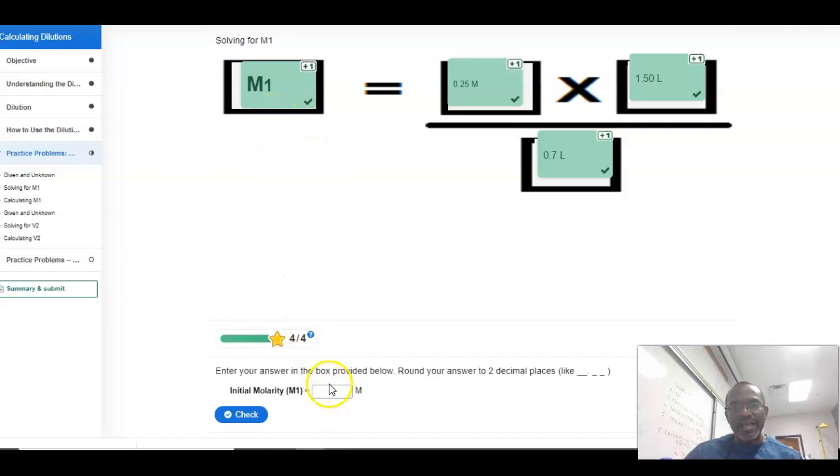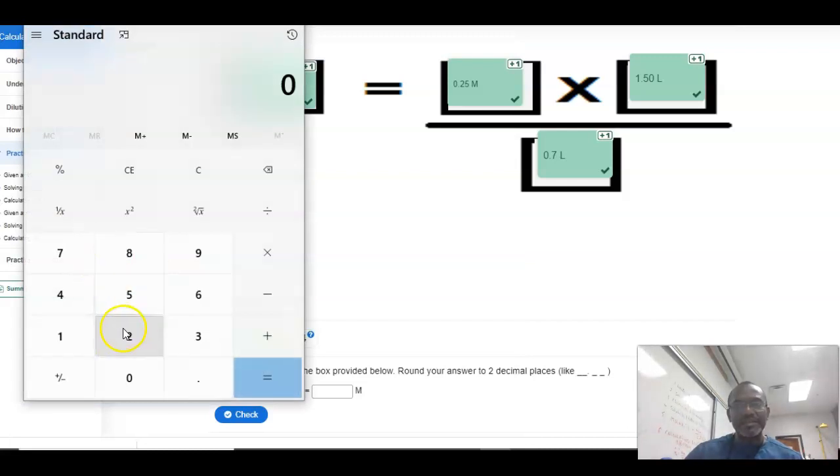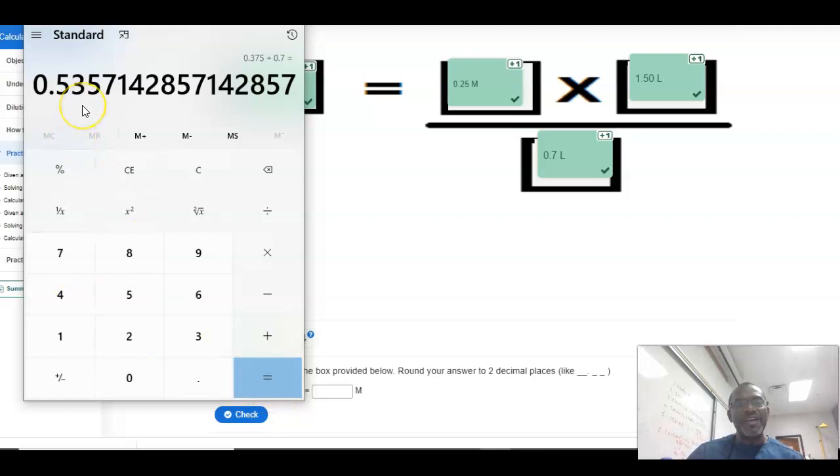So you're going to use your calculator to multiply. You're going to multiply 0.25 times 1.5. So let me see if I have a calculator here. Okay, good, a calculator. So I'm going to multiply 0.25 times 1.5 divided by 0.7 equals, so that gives me 0.53 with a bunch of numbers.